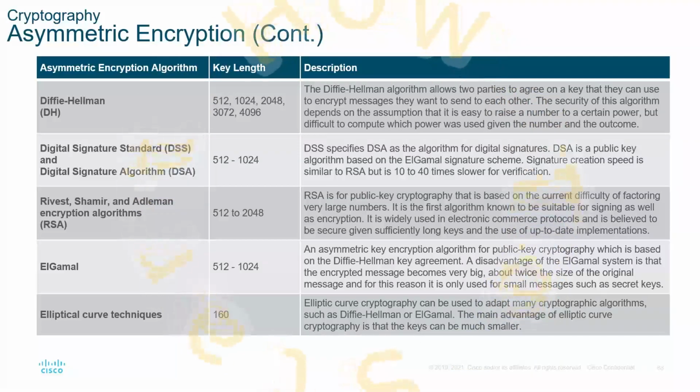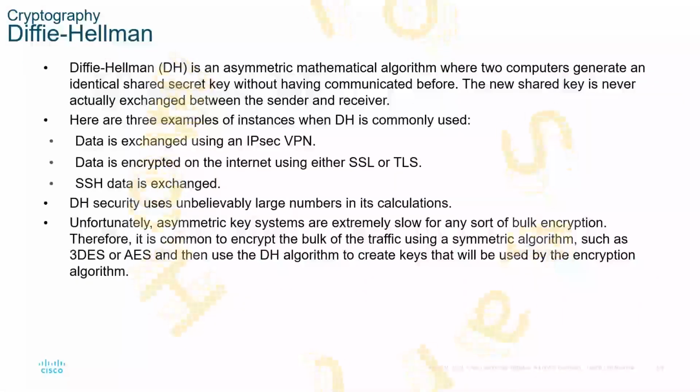We have RSA, that's probably the strongest asymmetric encryption at the moment, and this is an encrypting algorithm for public key infrastructure. And we also have our elliptic curve. DH is an asymmetric mathematical algorithm and is heavily used in VPN and SSL technologies.